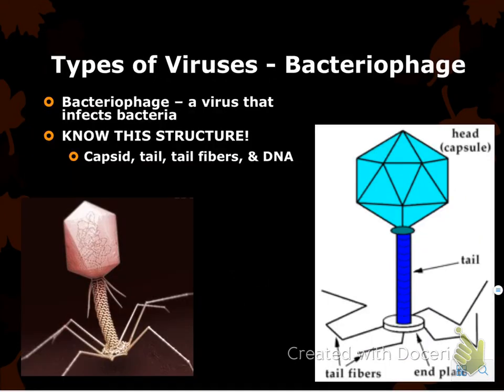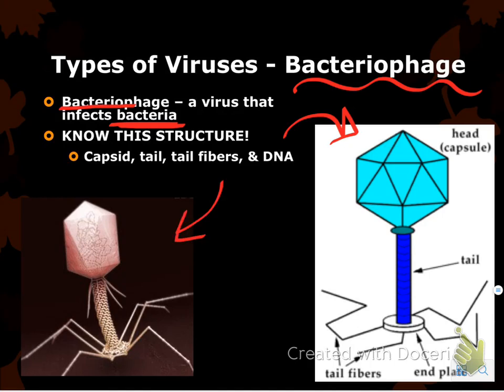So, types of viruses. Like I said, the bacteriophage is what we're going to focus on. It's a virus that infects bacteria. That's something you definitely need to know, and it's in the name, so that shouldn't be too hard to remember. And you have to know the structure. Expect to label the structure. It's labeled over here, and then you'll have an unlabeled picture on a quiz or a test.